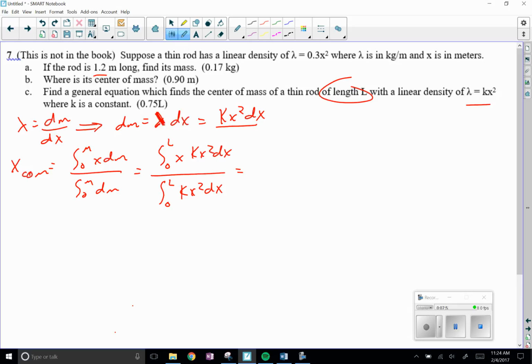So I'm going to get the integral from 0 to L of x times x squared, which is x cubed. I can pull this k out. You don't have to, but it certainly simplifies things. Same thing on the bottom: I'm going to pull the k out and go integral from 0 to L of x squared dx. This doesn't look like it's going to be too bad. My k's cancel out.